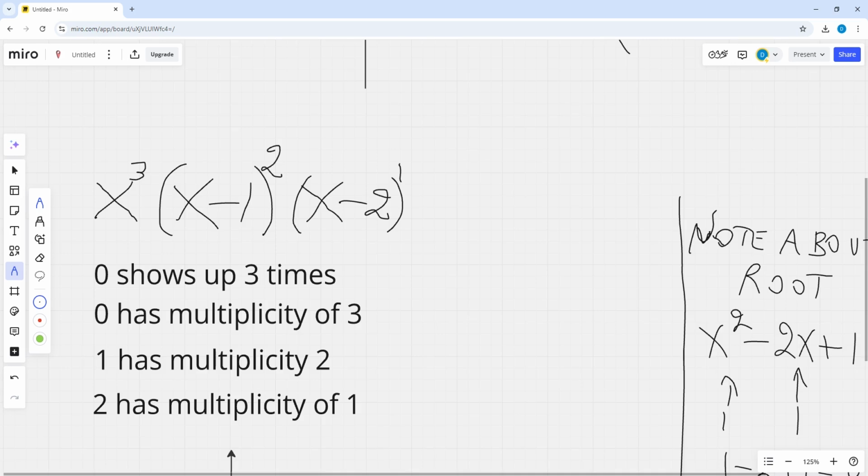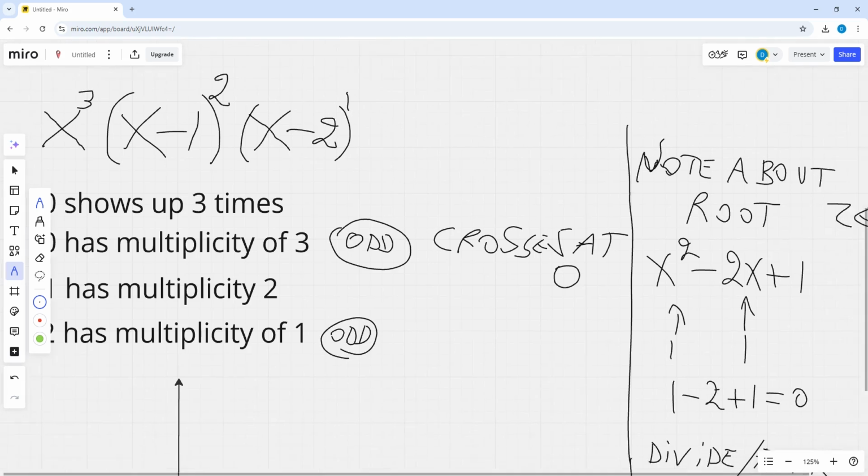Now, this is where it gets interesting. The multiplicity, how many times it shows up, whether it's odd or even, gives your graph a different behavior. In our case, we're going to see that 0 has multiplicity of 3. That is odd. Therefore, the graph crosses at 0, right, at the root. It just crossed. The same way the last one, 2, has a multiplicity of 1, that's also odd, right?